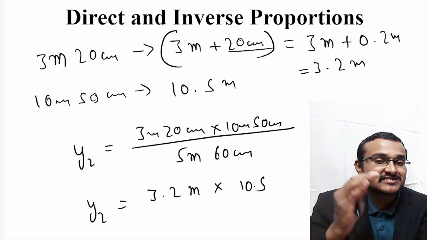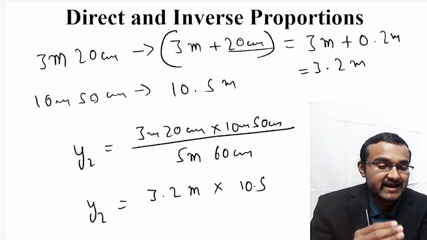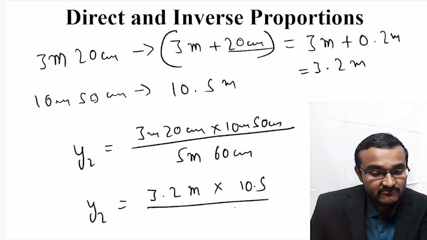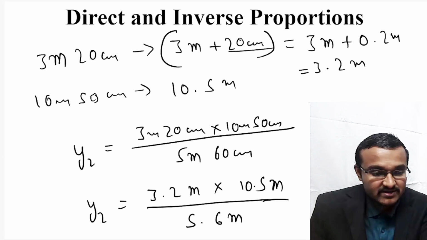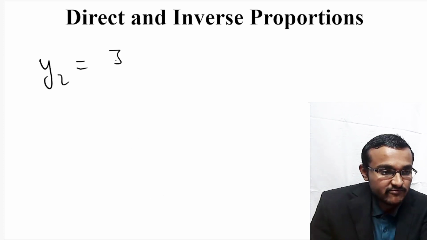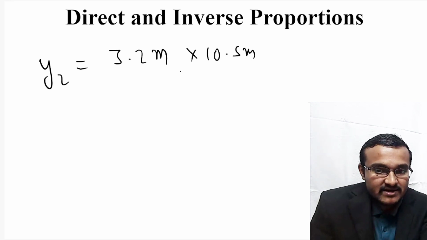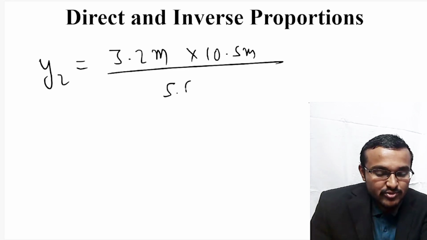Here 60 centimeter means it is 0.6 meter. So 5 meter plus 0.6 meter will be 5.6 meter. So the value which we are getting for y2 is actually 3.2 meter into 10.5 meter divided by 5.6 meter.